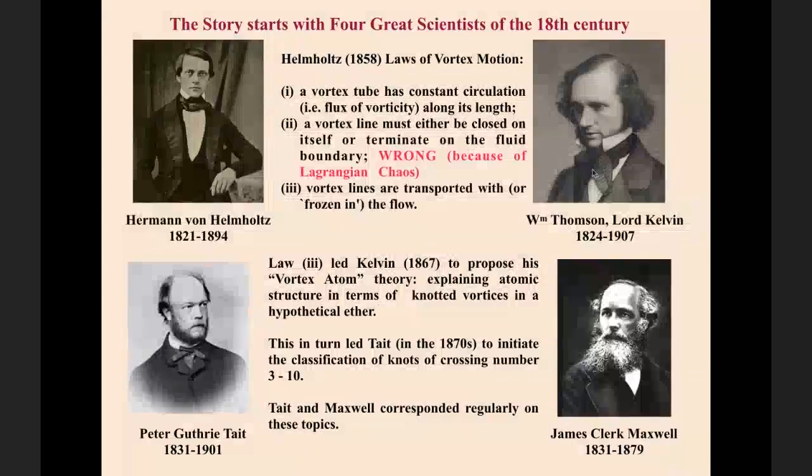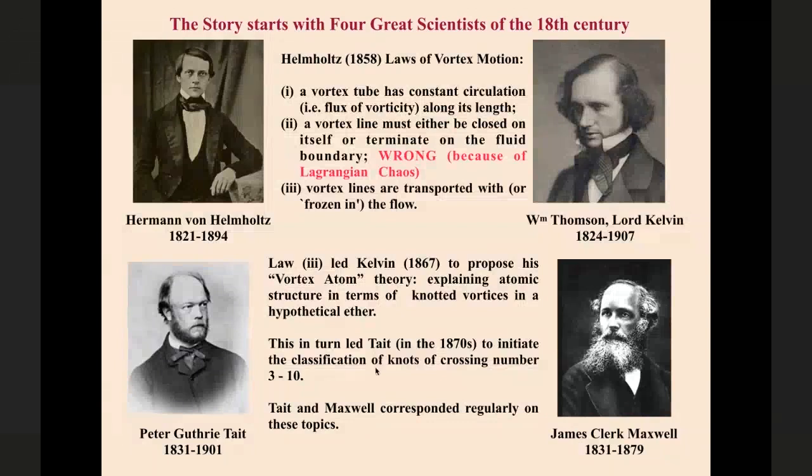Well, Kelvin was very excited about this result of Helmholtz, and it led him to propose his vortex atom theory in 1867, explaining, or seeking to explain, the atomic structure of matter in terms of knotted vortices in a hypothetical ether.